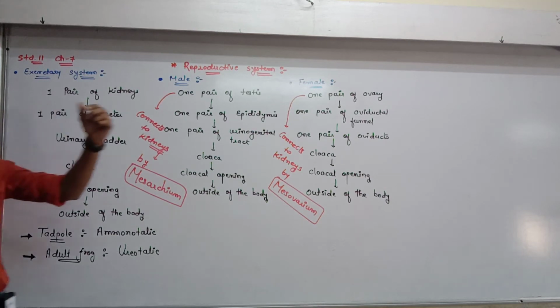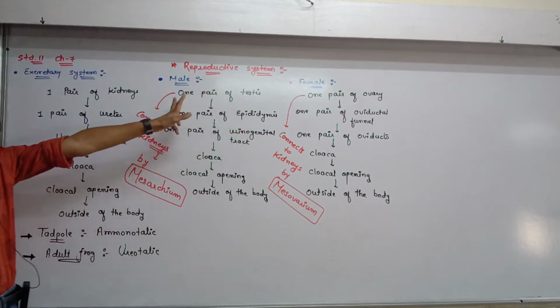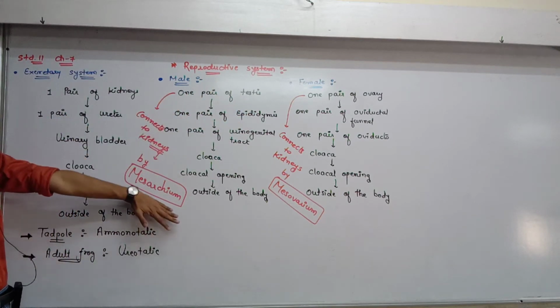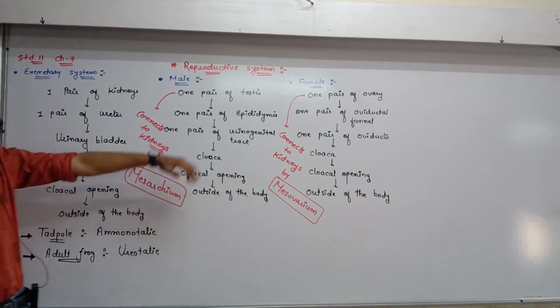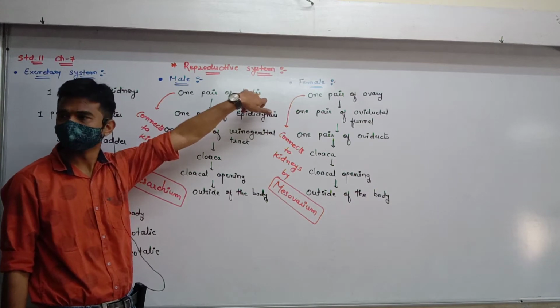So what happened here? The testis is connected to the kidneys by mesorchium, one type of connective tissue. In the testis, so many lobes are there.